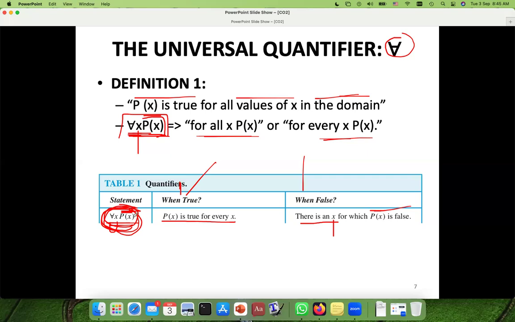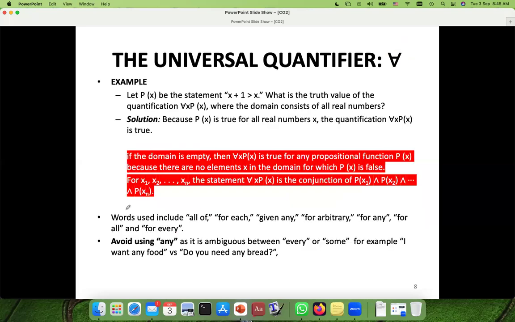And to make this theory true, you need all values, P of X must be true for all values. Anyhow, for this reason we normally use this quantifier, because it is for all, for every. It is not representing the meaning of some or few or whatever. It is representing the meaning of what? All.